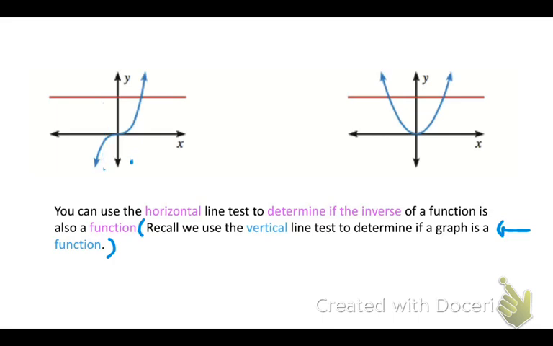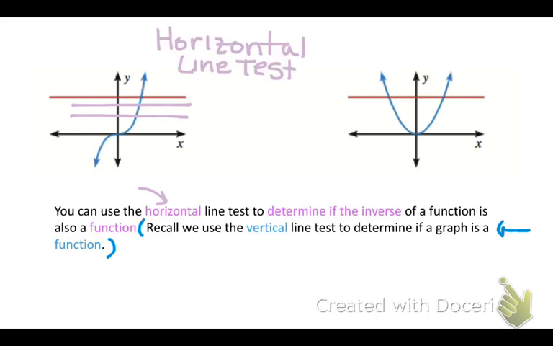Now, just looking at this exact same graph, we can decide if its inverse is a function if it passes the horizontal line test. So when I draw a horizontal line through the graphed blue line, if it only goes through one time, then its inverse will also be a function.